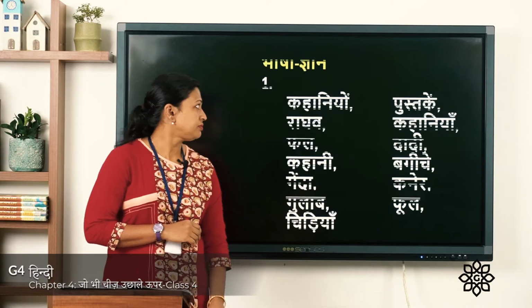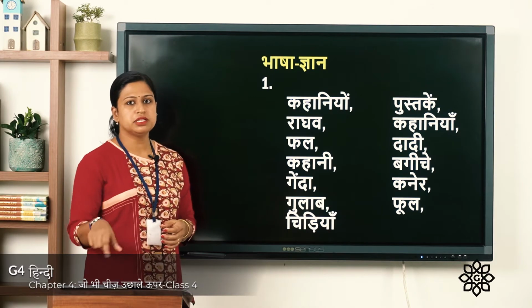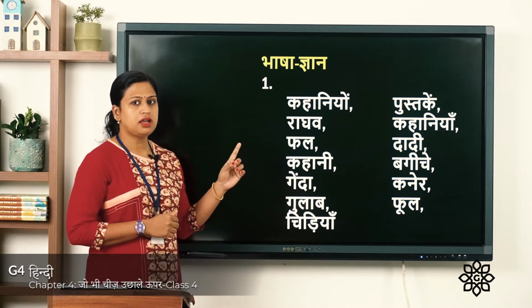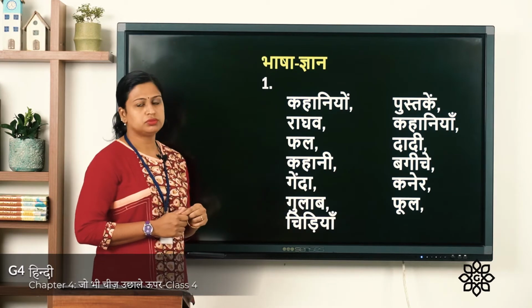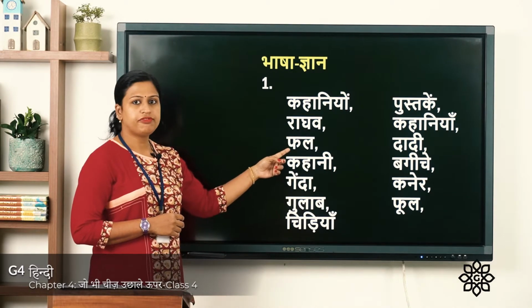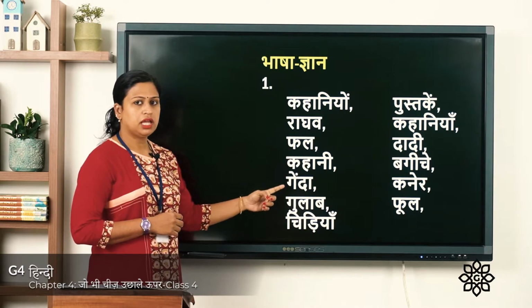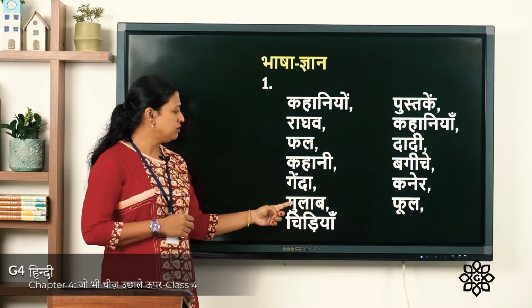Now let's check the answer. That is the nouns that you have circled from this paragraph. So the first noun is kahaniyo, stories. Raghav, it's a name. Fal, fruit. Kahani, story. Genda, marigold flower.